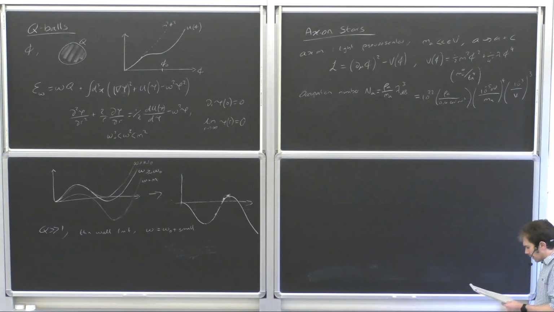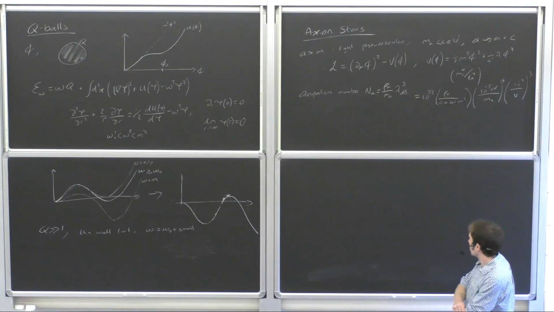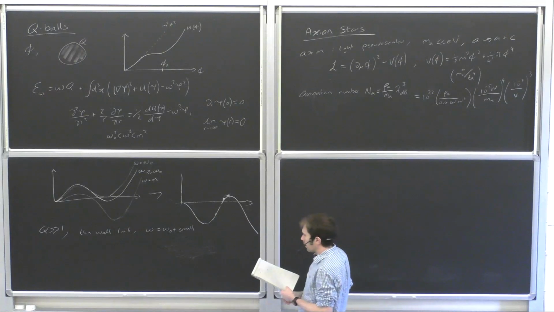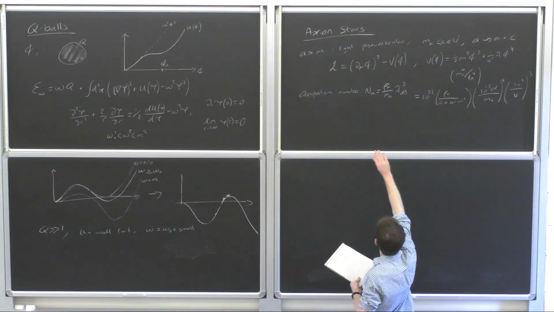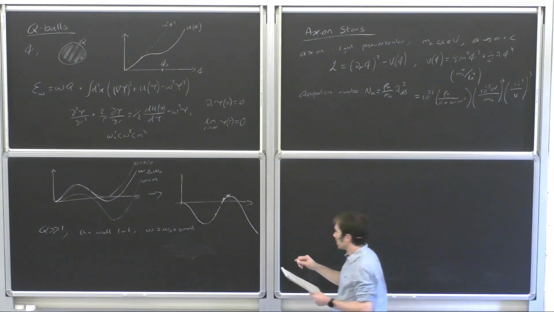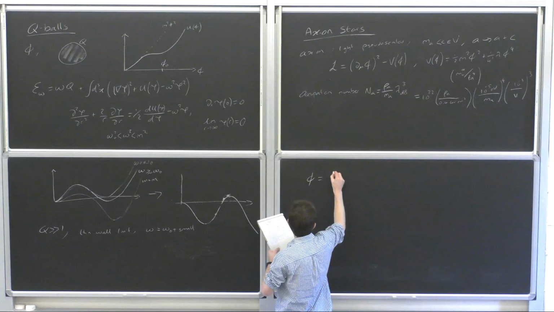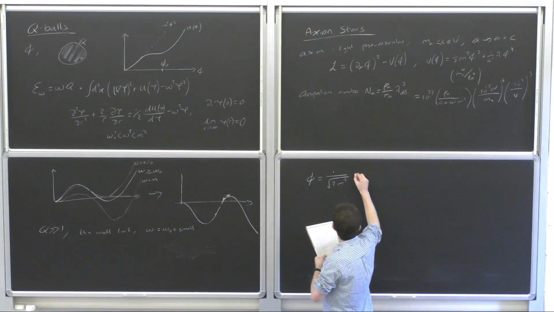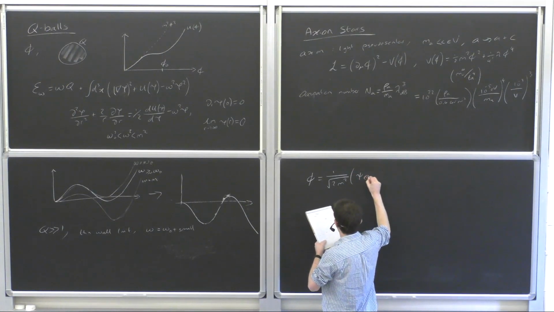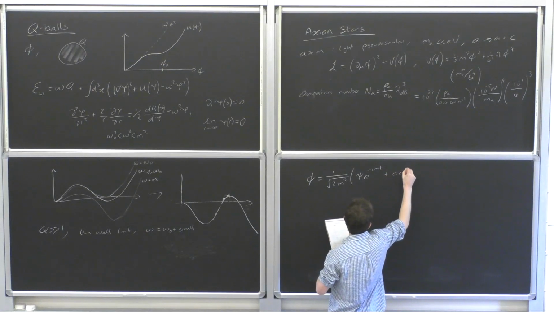Okay, so now let me ask how this axion field evolves in the late universe. Since we know that the axion field is non-relativistic, it's a bit inconvenient to work directly with the relativistic field, and instead we can make a non-relativistic reduction by defining a new variable, I'll call it psi, by phi equals 1 over square root 2 m, times psi e to the minus i m t plus complex conjugate.